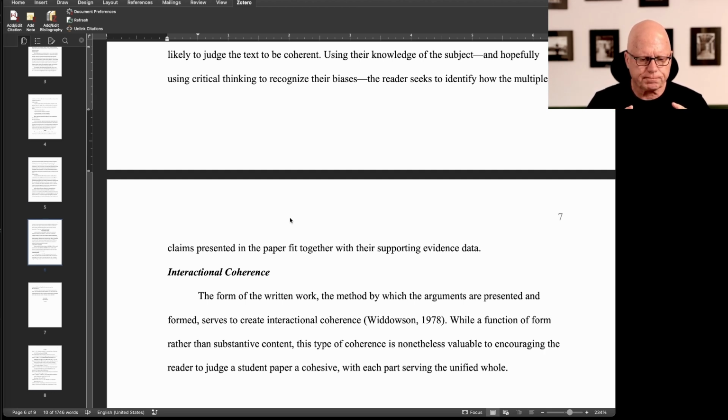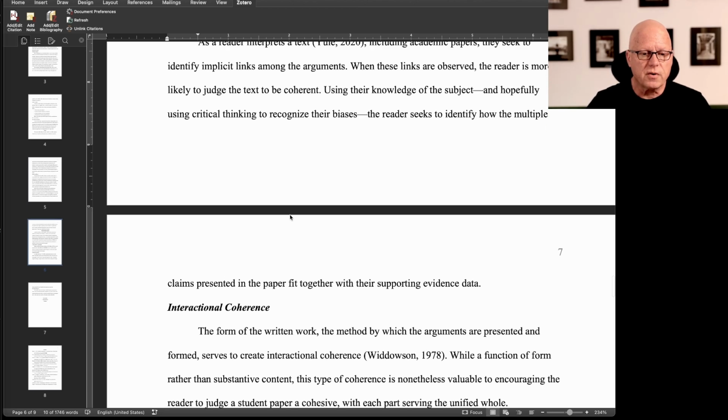And the function of the form of the arguments is not what is said, but how it is said, or in what order it is said or written. And it's more aligned with, for example, the formatting of the document or the order in which the arguments are presented.